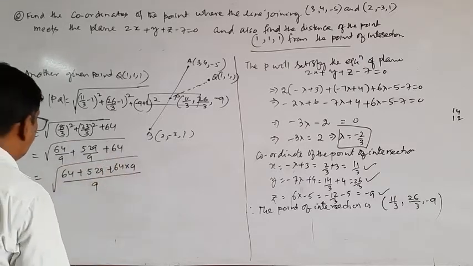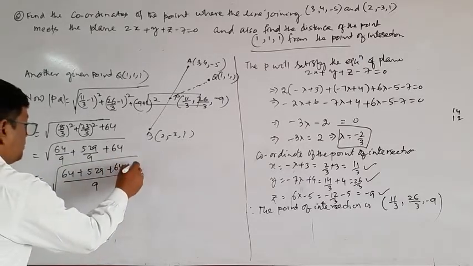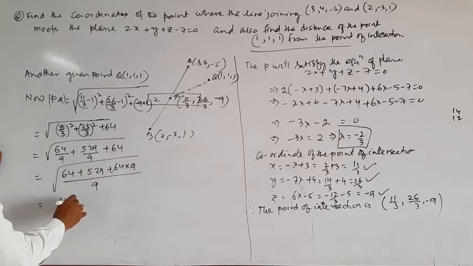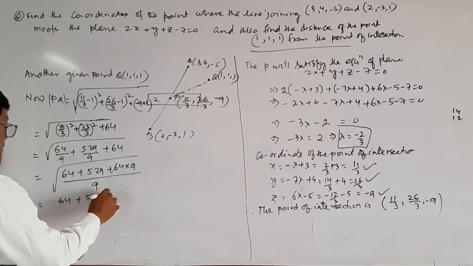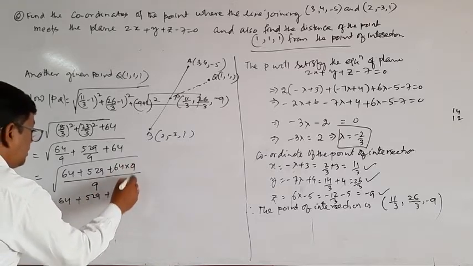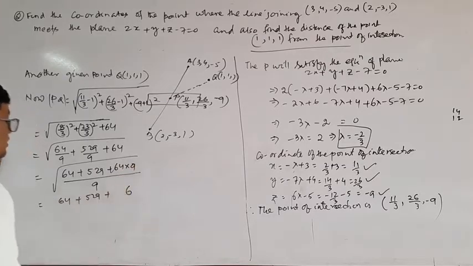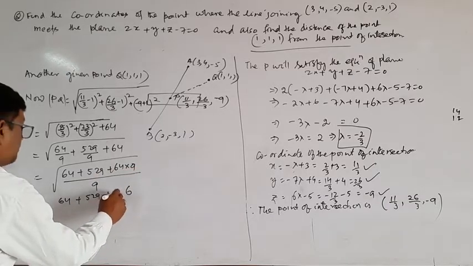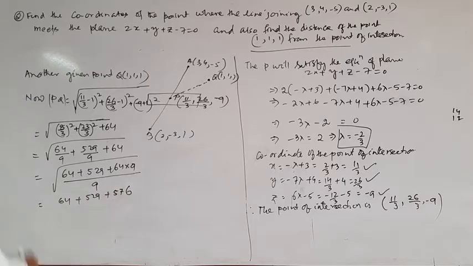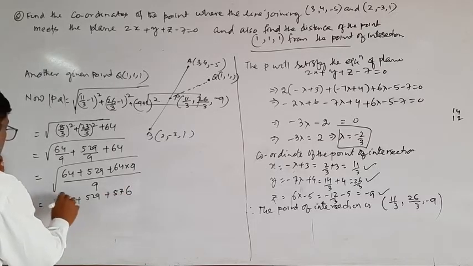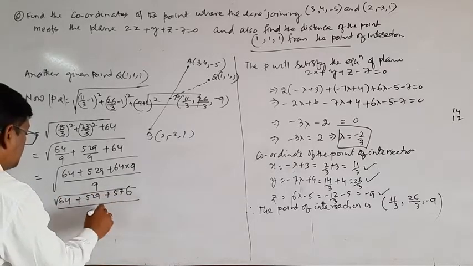What is 64 into 9? 9 4s are 36, 9 6s are 54 plus 3 is 57, so that is 576. The square root of 9 means 3.